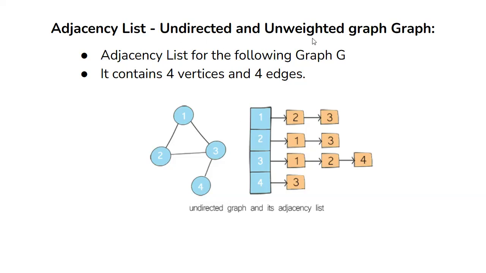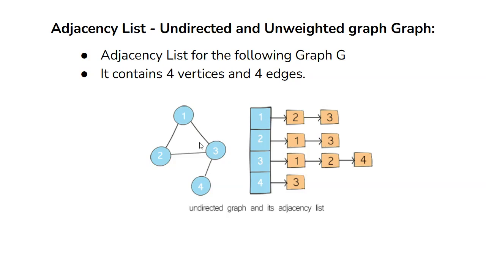For an unweighted graph, the vertices are stored in a list, and the adjacent vertices are stored in a separate list, which is connected to the main vertex. That is, the adjacency values are stored in a separate list, and those separate lists are the adjacent nodes connected to the main node.